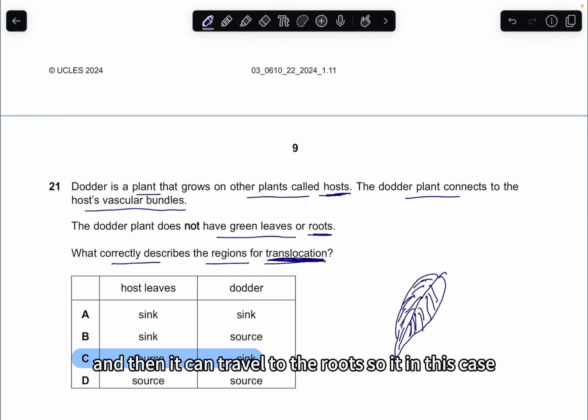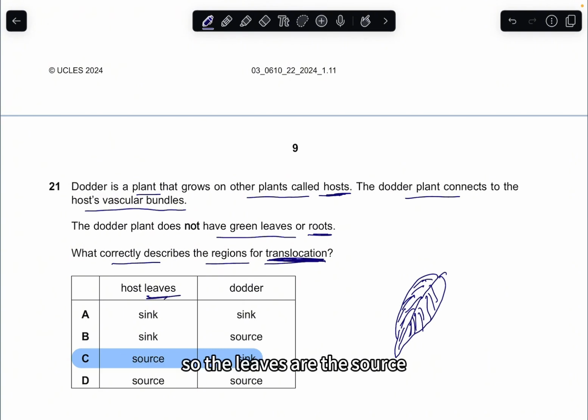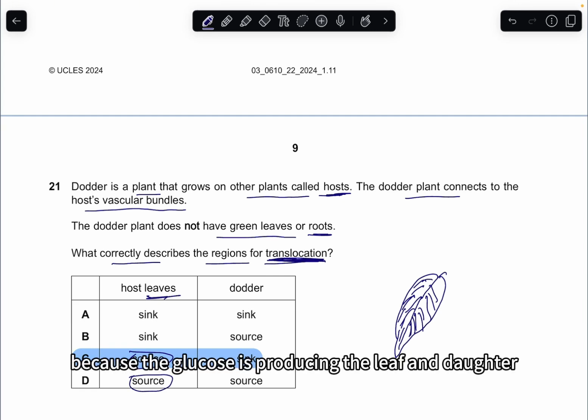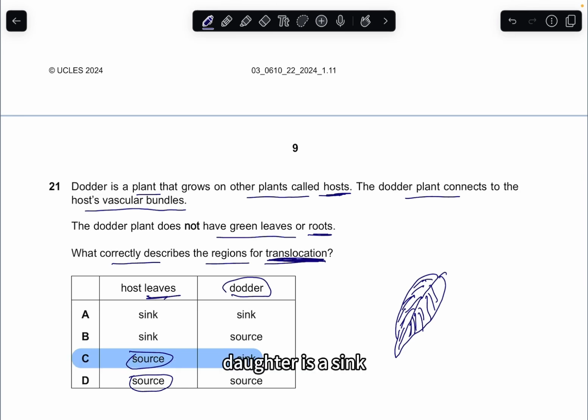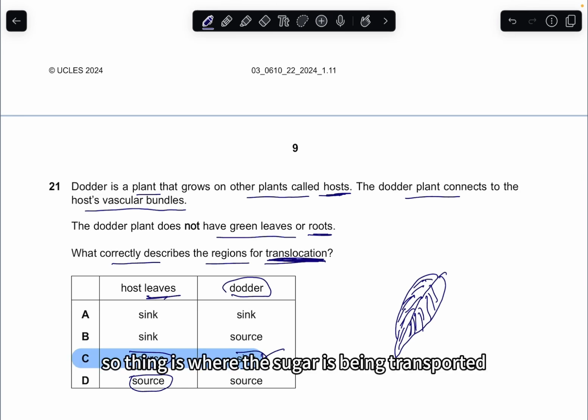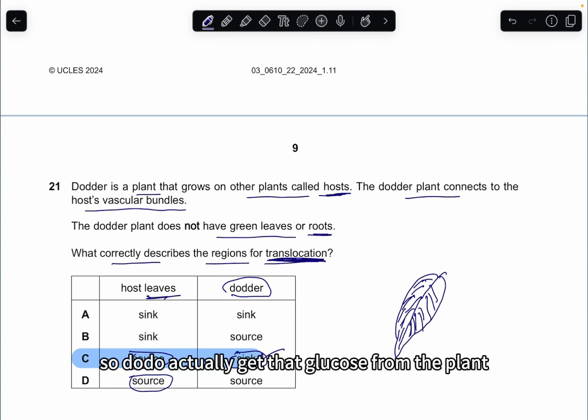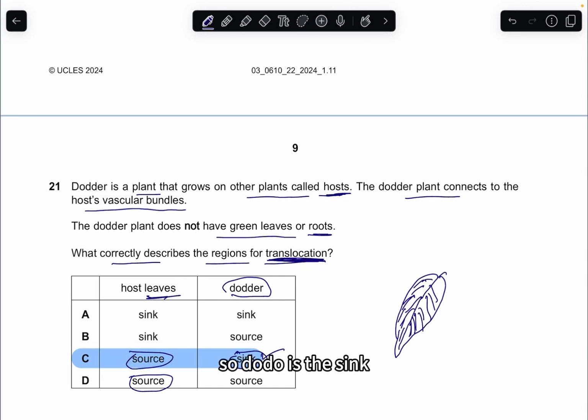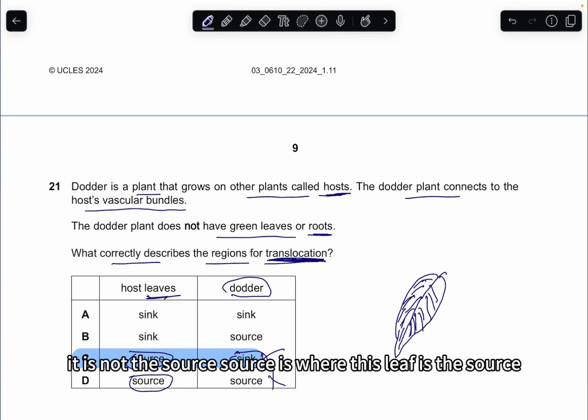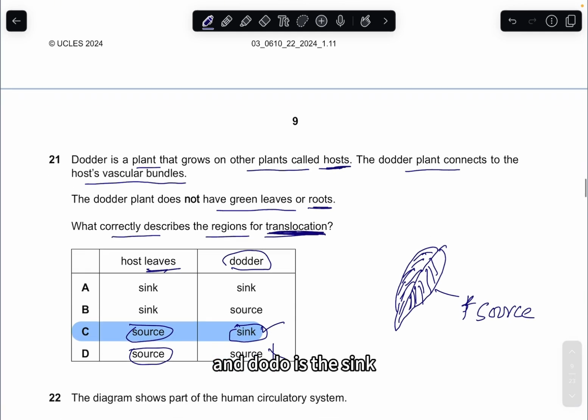In this case the leaves are the source, because the glucose is produced in the leaf, and dodder is a sink. A sink is where the sucrose is being transported. Dodder actually gets that glucose from the plant. So dodder is the sink, not the source. The leaf is the source, and dodder is the sink.